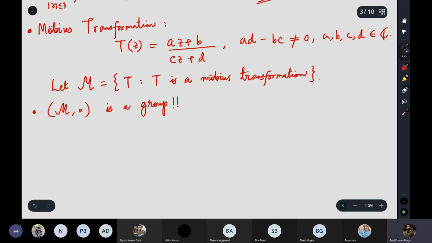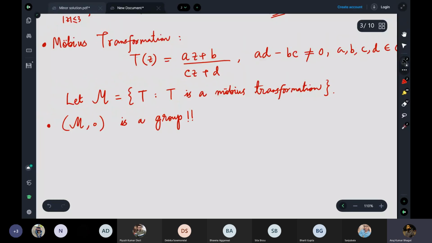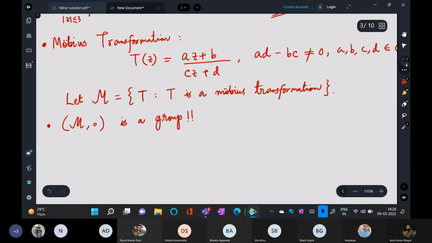So tell me the properties of a group very quickly. What is the first property of a group? Closed under addition? Not addition here. What is the binary operation here?